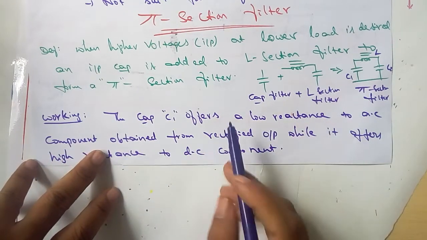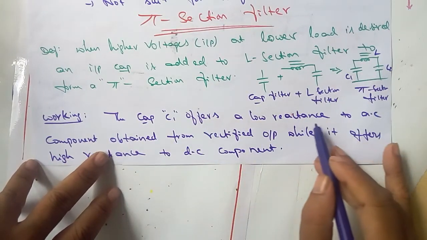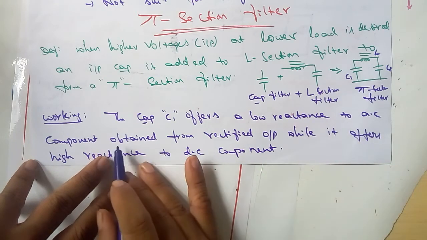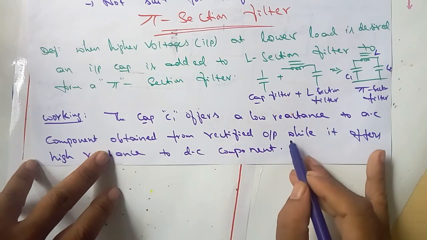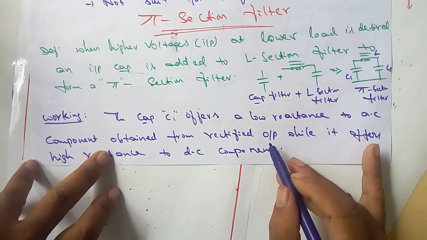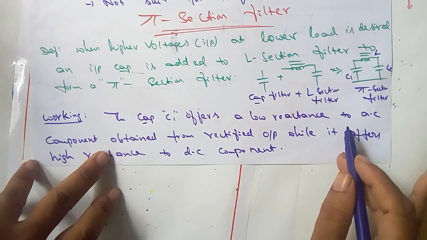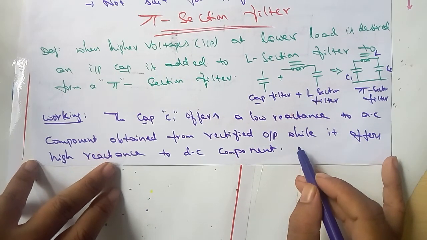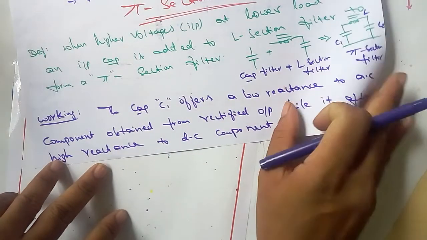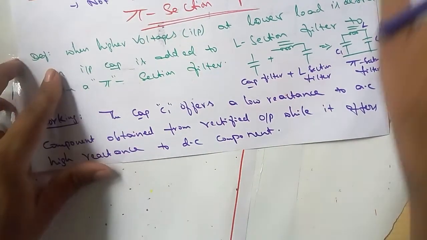Now, what is the working phenomenon? The capacitor C1 offers a low reactance path to the AC component obtained from the rectified output, while it offers high reactance to the DC component.